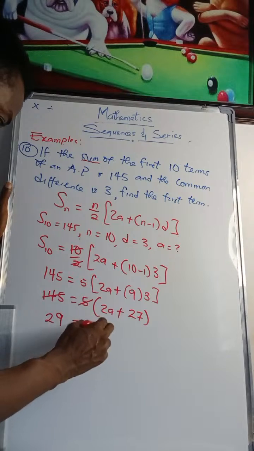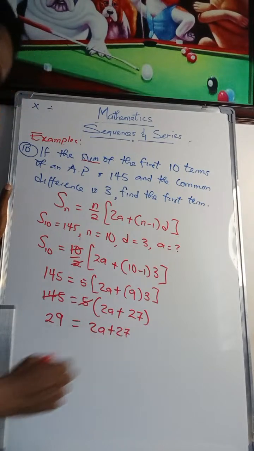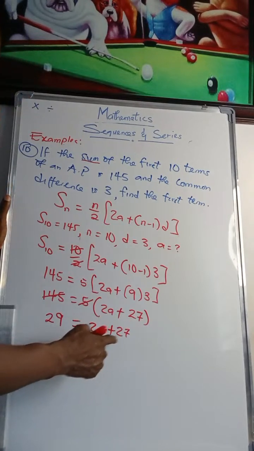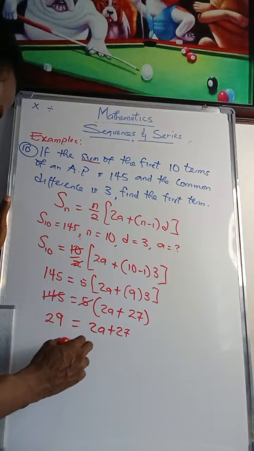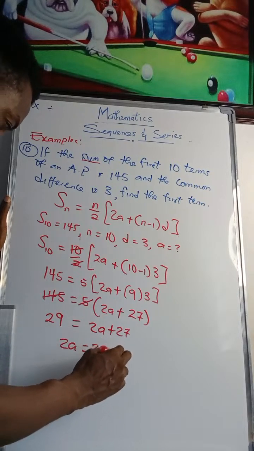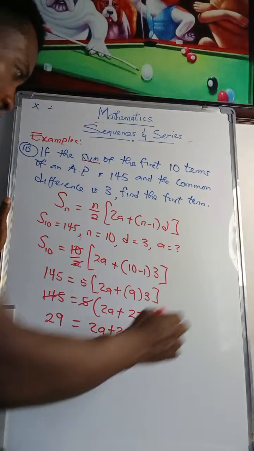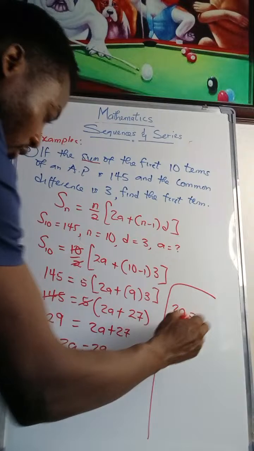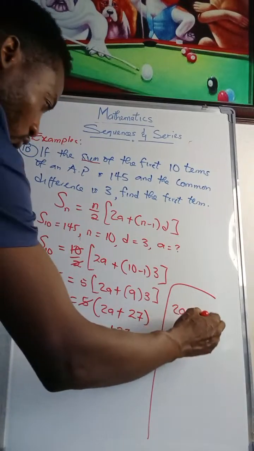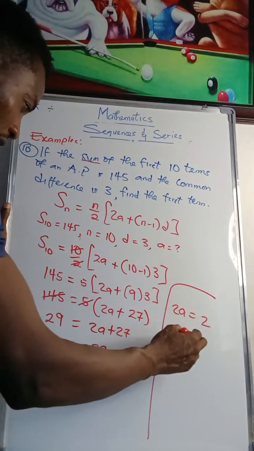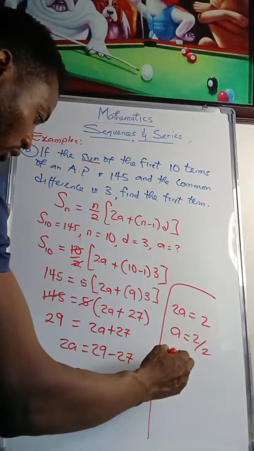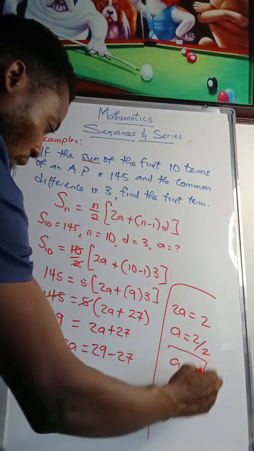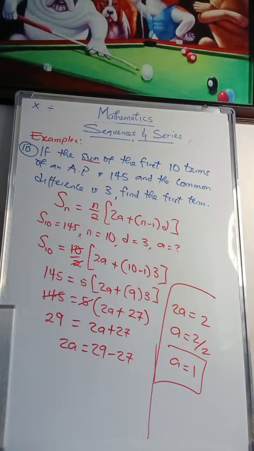So what we do, we collect like terms. We bring this here. So 2a equals 29 minus 27, which gives us 2. So what is a? a equals 2 divided by 2. Our a is 1.